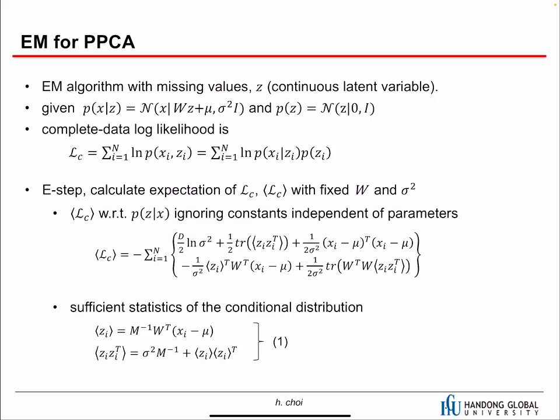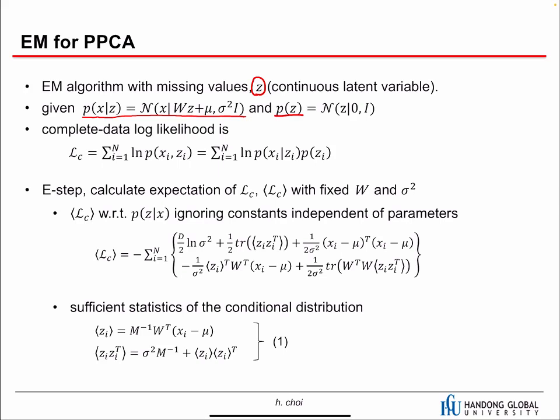We are going to use the EM algorithm with missing values z, and z is actually a continuous latent variable. And given this equation, p of x given z and p of z, let's assume that z is given.